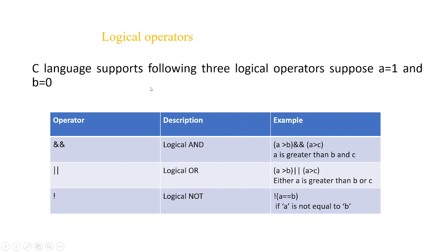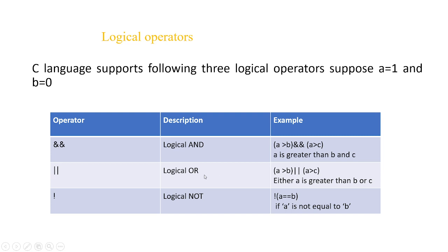If we want to develop complex relational expressions, that is logical expressions, then we use logical operators like logical AND. Here I have used logical AND for checking 2 conditions, that is a greater than b and a greater than c.